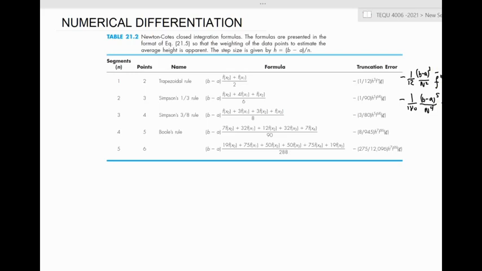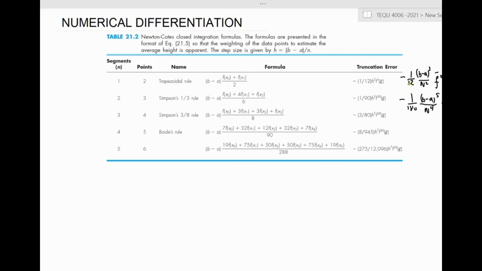Before doing that, you probably remember this table. This table is from Chapra's book, and it's a kind of summary that shows you the formula you need to use for the trapezoidal rule, here for only n equal 1, and the truncation error for n equal 1. Nearby I put the formula for when n is above 1.